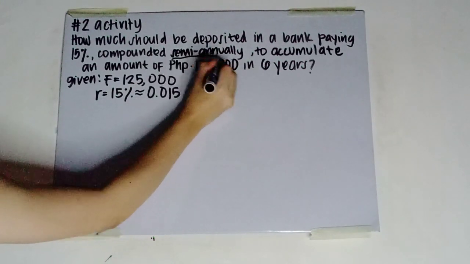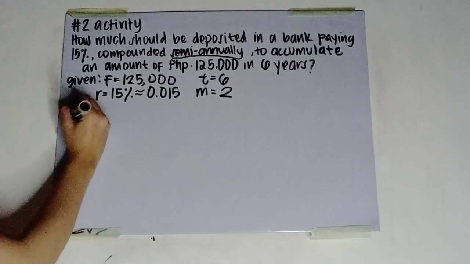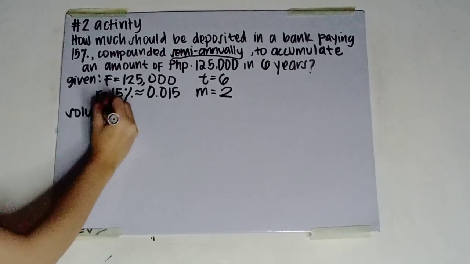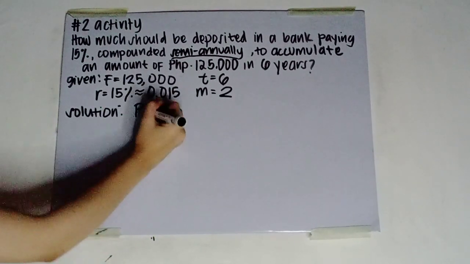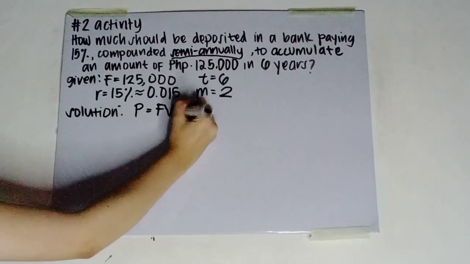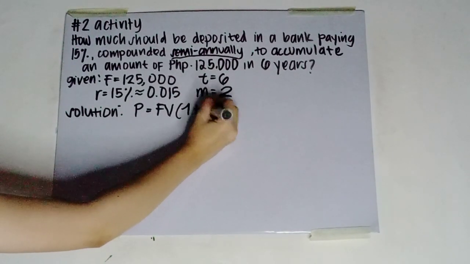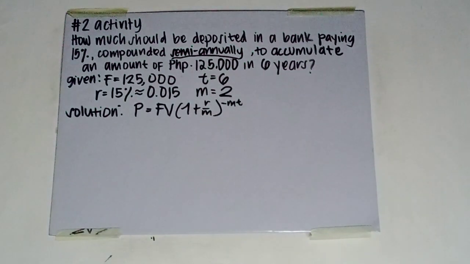Okay, since semi-annually, M is equal to 2. And write the solution. For finding the principal, the formula is P is equal to FV times 1 plus R divided by M, raised to negative MT.